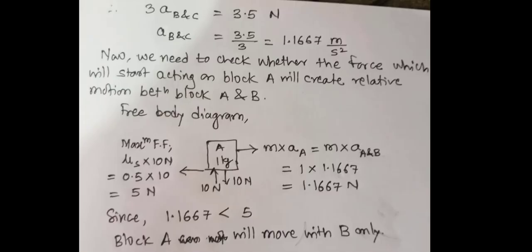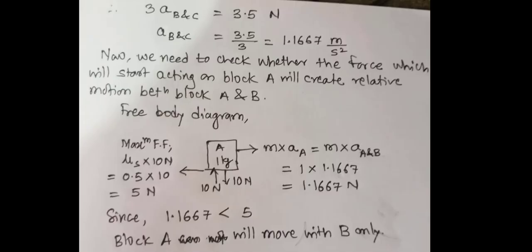So if you look at this, mass into acceleration is now the force which is acting on this block because of its acceleration. If you calculate it, it is 1 kg mass into acceleration, so it will be 1.1667 Newton. This is the force acting in the horizontal direction on the block.